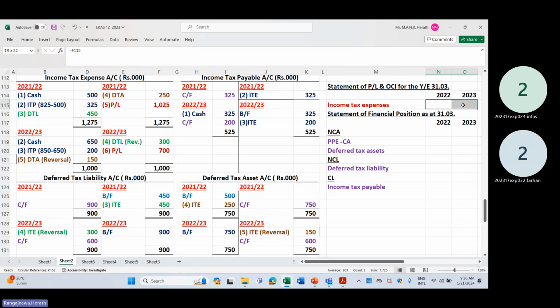So tax expense recognized for the first year 1025, second year 700. ගානේ අපේ PP carrying amount දීලා තියෙන නිසා මම ඒ ටික එකතු කරලා ගත්තා 300 and 3000 and 2000. Deferred tax asset 750, 600. Deferred tax liability 900, 600. Tax payable balance first year 325, second year 200. Those are the financial statement extracts.